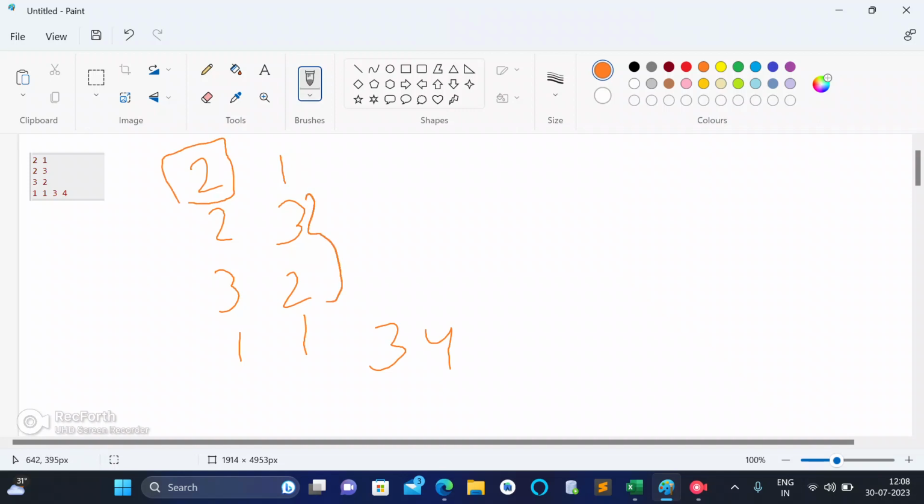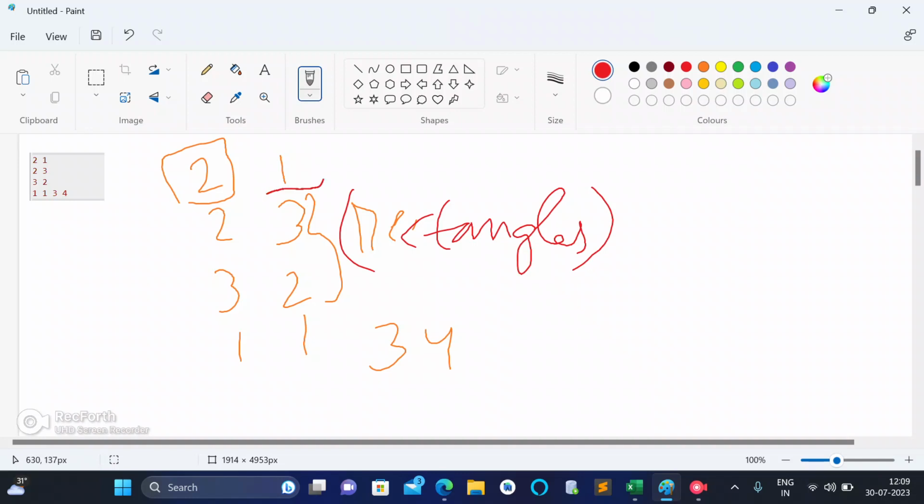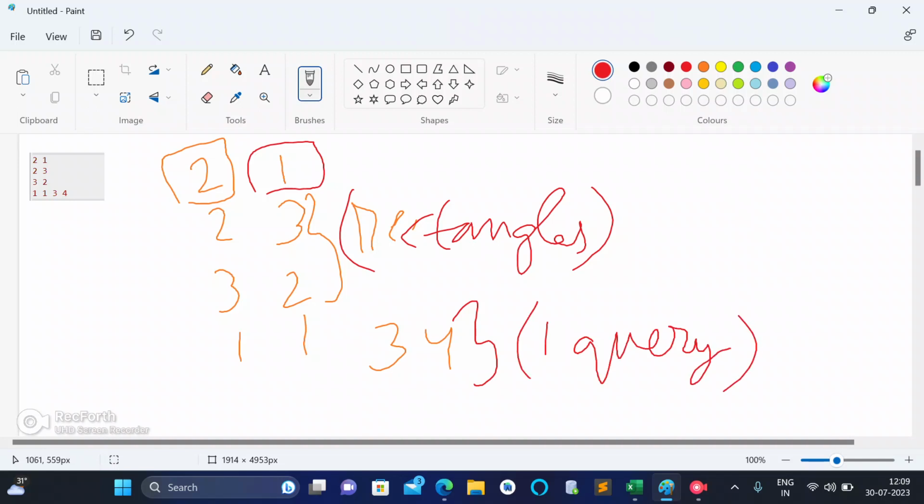Here 2 represents the number of rectangles which we are given, and here 1 represents the number of queries which we are given. One query is given to us. We have to tell how many rectangles will satisfy how many queries.